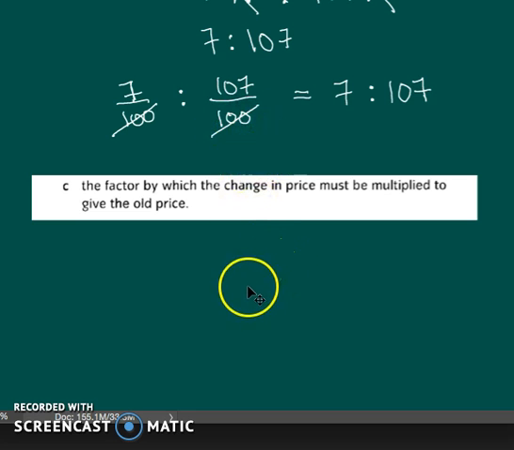There we go. The factor by which the change in price must be multiplied to give the old price. I'm just going to underline change in price, the old price. Okay, so what was the change in price?